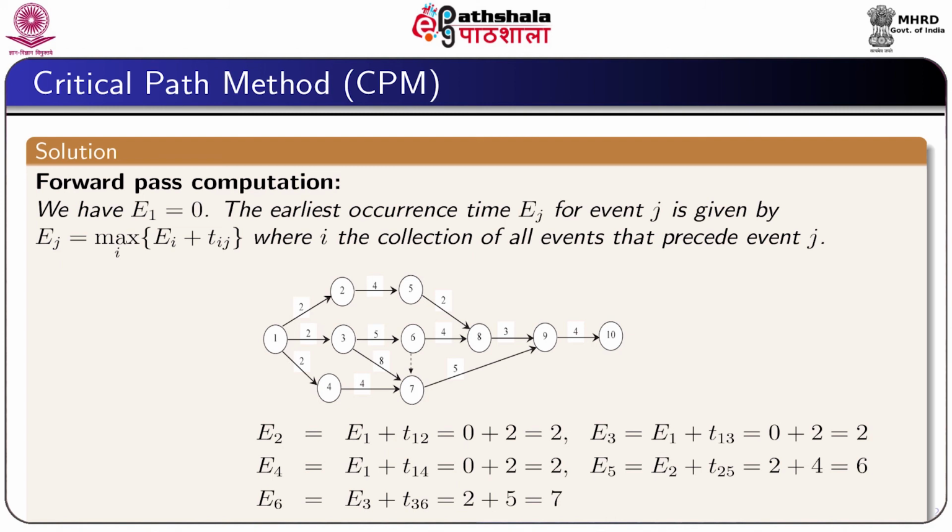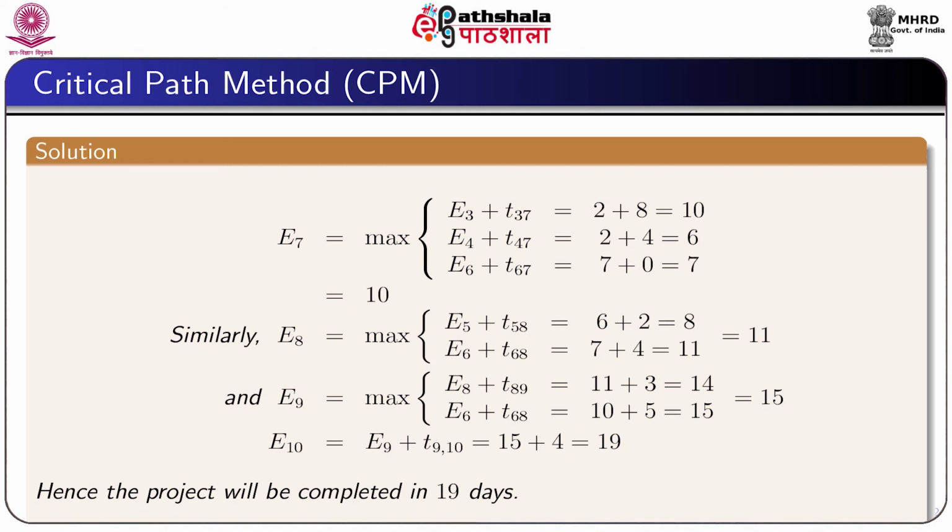To find the value of E7, we need to consider these 3 activities and then choose the maximum value. So, E7 equal to maximum of E3 plus T37, which is equal to 10, E4 plus T47 equal to 6 and E6 plus T67 equal to 7, and this gives the maximum value 10. Therefore, E7 equal to 10.